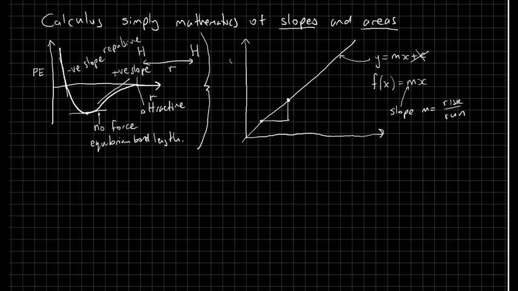So this is the y-axis, x-axis. We can take the change in y, and let's just say that this point here is x1, y1, and this point here is x2, y2, and we can work out the difference in order to find the slope of this line. So the rise, this height here, is y2 minus y1, divided by x2 minus x1.